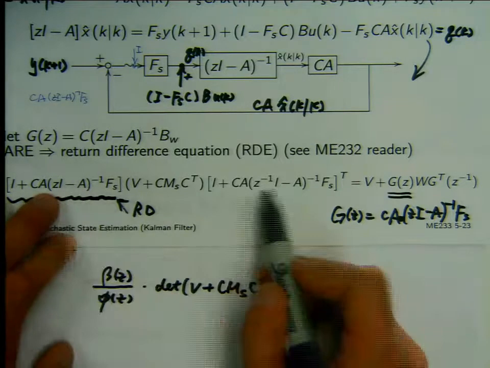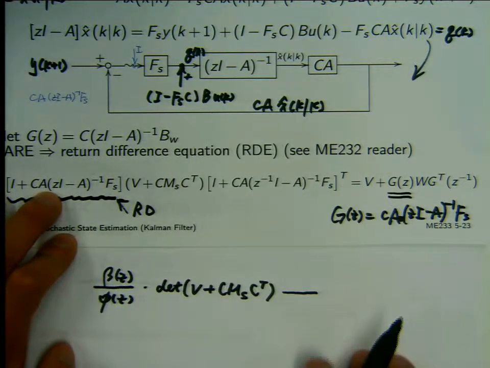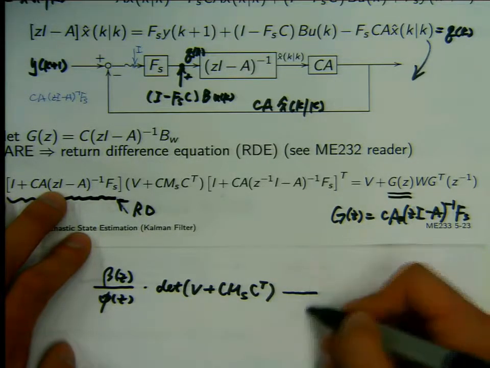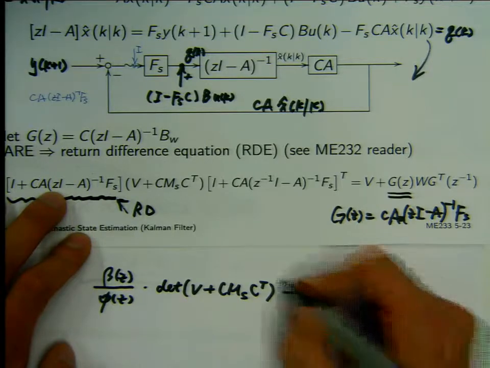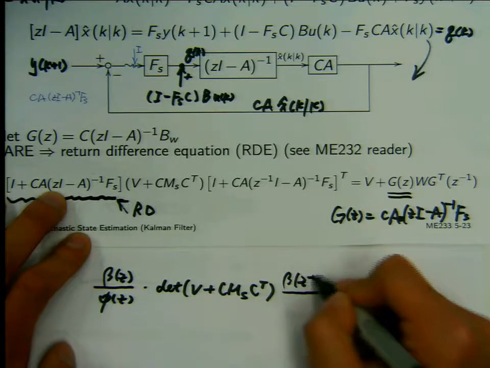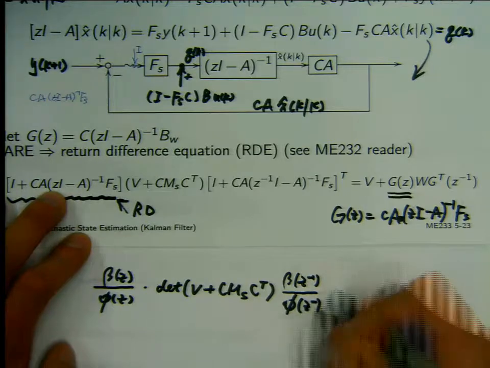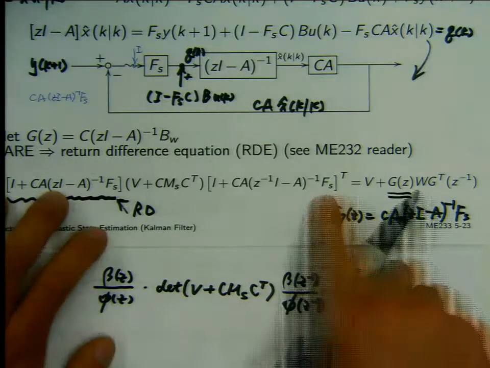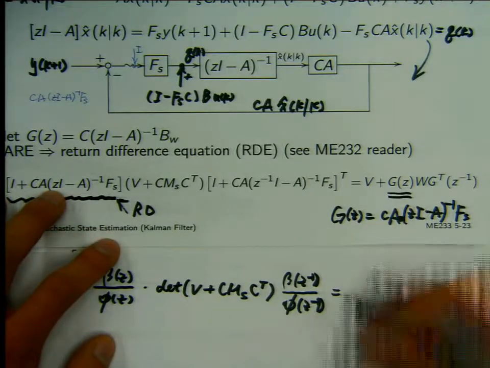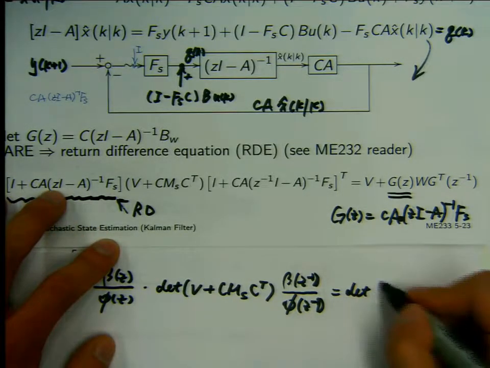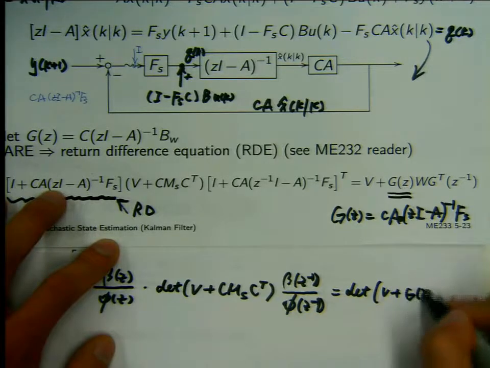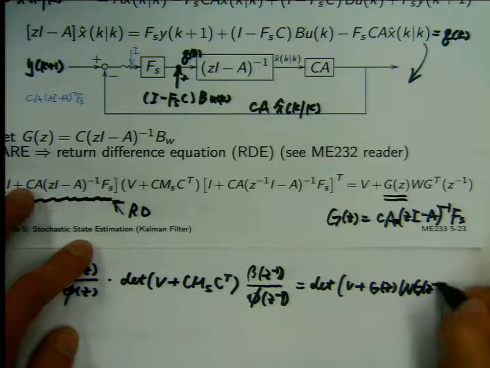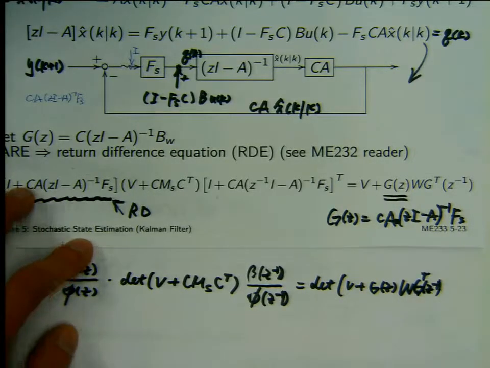It's z here, but it's z minus 1 here. Yeah, so be careful about this here. If you take the determinant, it's going to give you this. And then on the right-hand side is the determinant of V plus G(z) W G(z) inverse transpose.